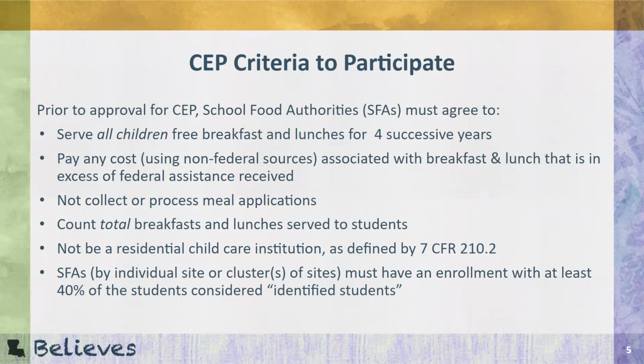You cannot collect applications. Also, you should count the total breakfasts and lunches served to students. You cannot be a residential childcare institution, and SFAs, either by individual site or clusters of sites, must have an enrollment with at least 40% of the students considered identified students.